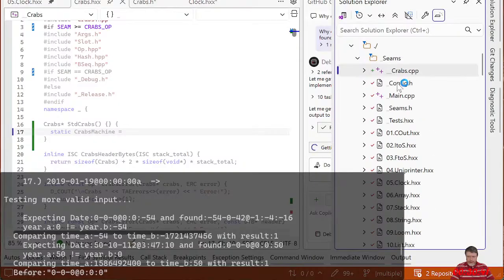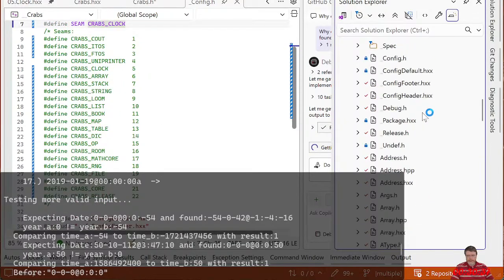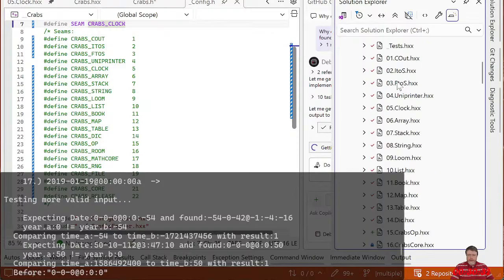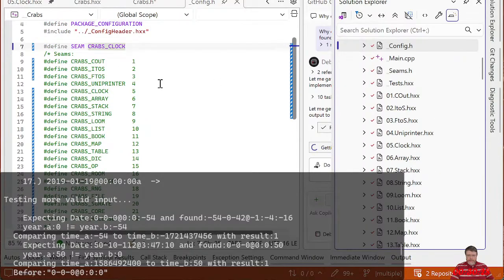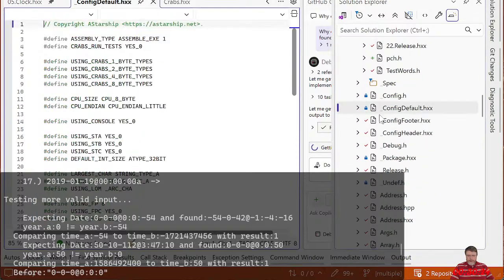So it's my config, right? It better be, or else I'm gonna be pissed. Config footer, these are my default ones. Config default.